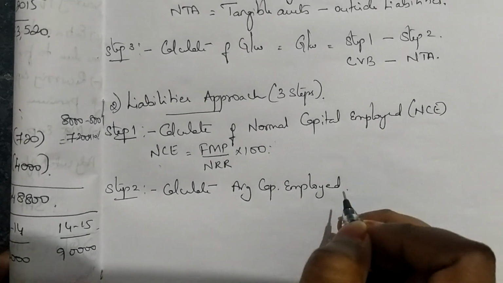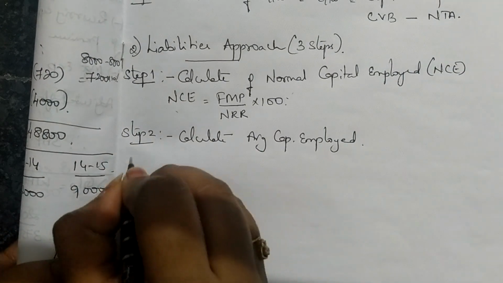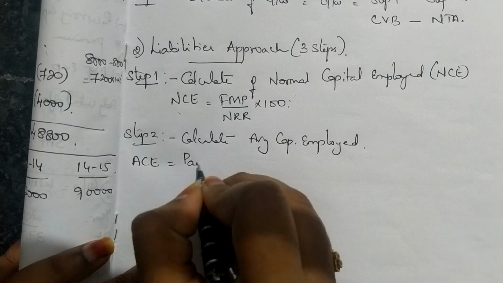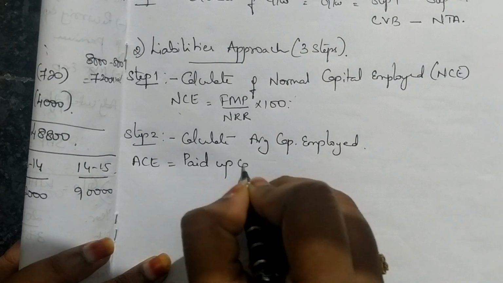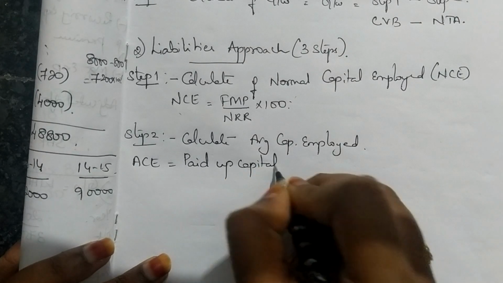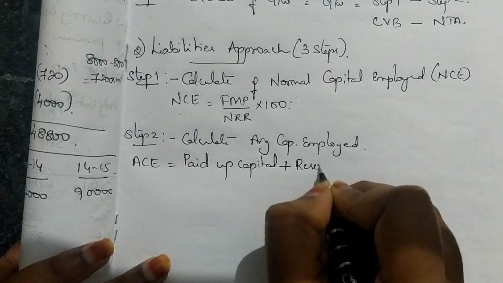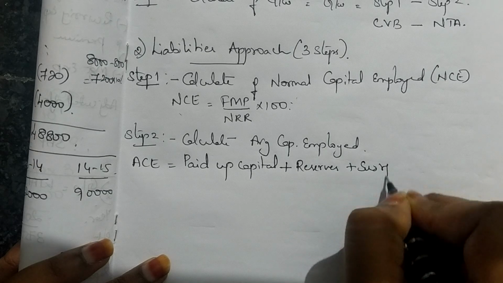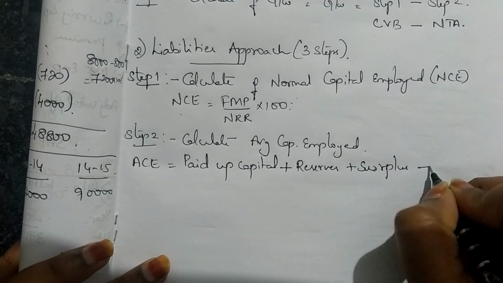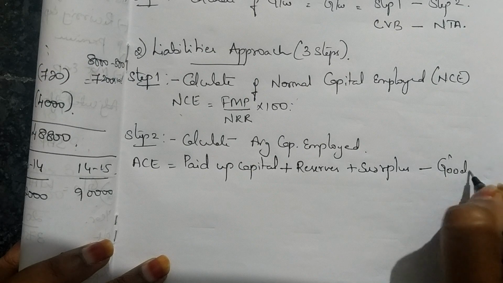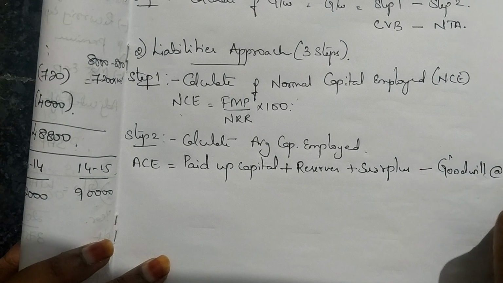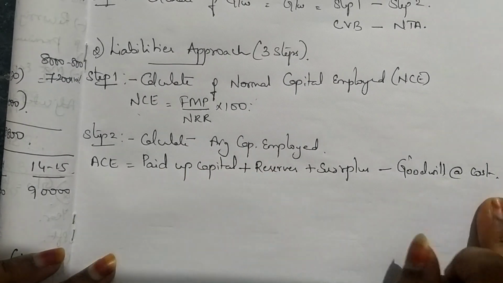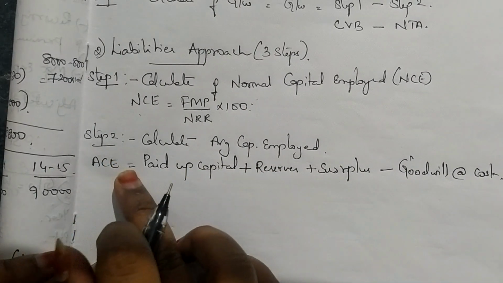Average capital employed is given by the formula paid up capital plus any reserves plus any surplus minus goodwill, if you already have a goodwill given in the problem, that has to be deducted.